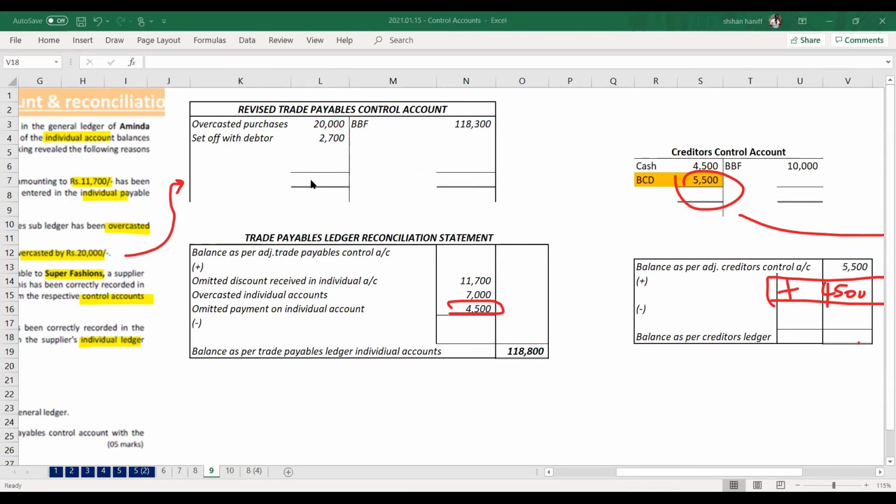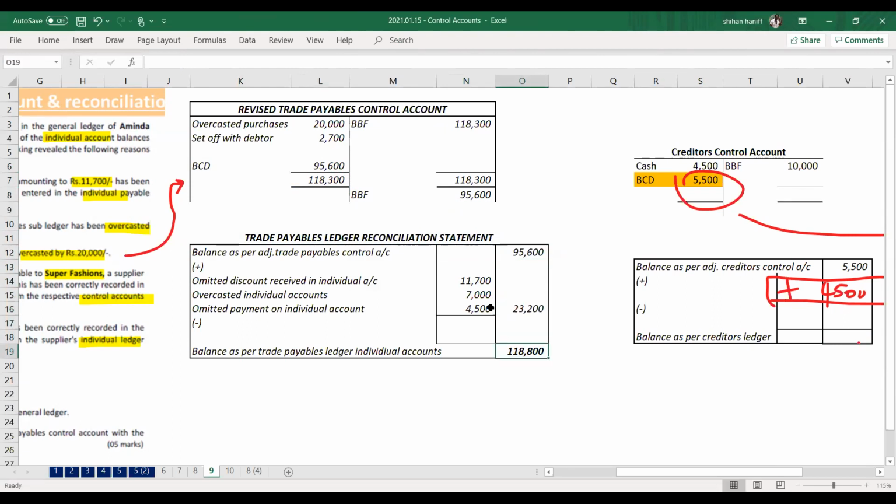So that's all. Now let's calculate the closing balance. $95,600 is the closing balance of the trade payable control account.